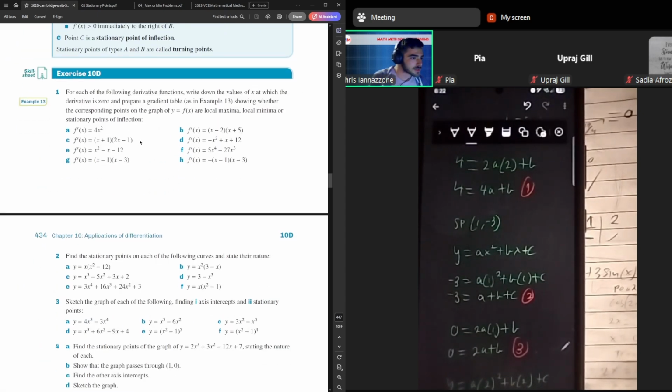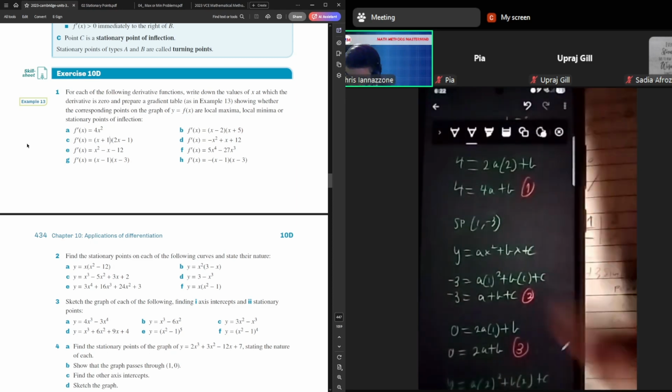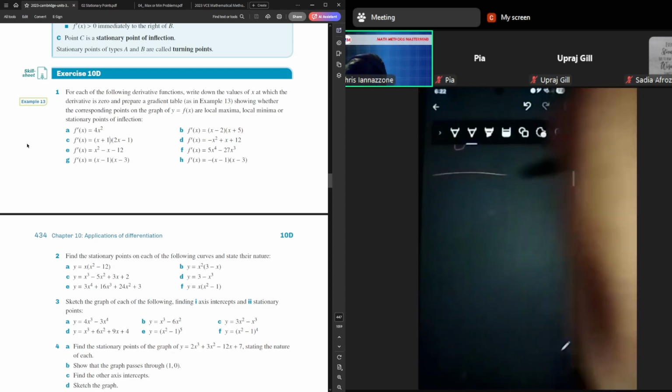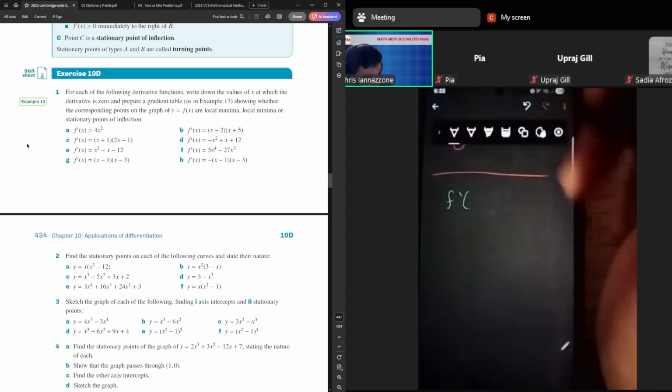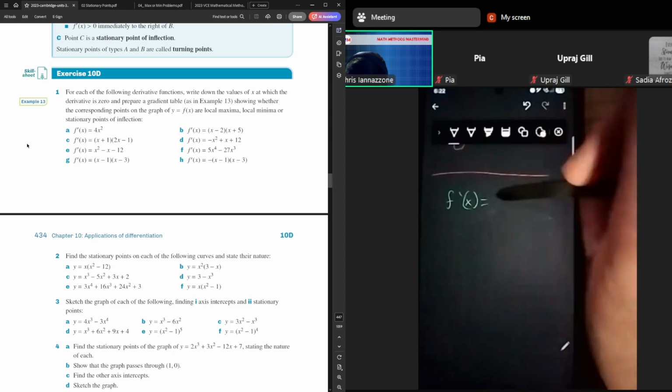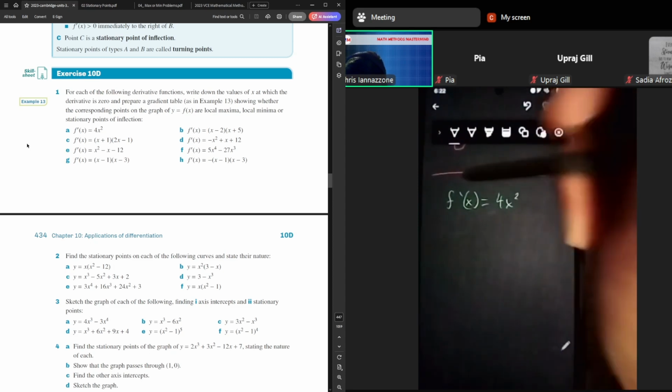We shall start by doing, what's a good one? Yeah, why not? We'll just start with A, nice and simple. So I'll just write that one down. f dash of x is equal to 4x squared. Cool.